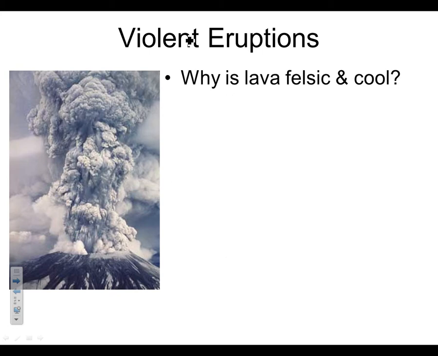Label the picture quiet versus violent. And we're just going to go over why this difference. So why are quiet volcanoes quiet? Why are violent volcanoes violent? Okay, so we're going to go through that with this picture.